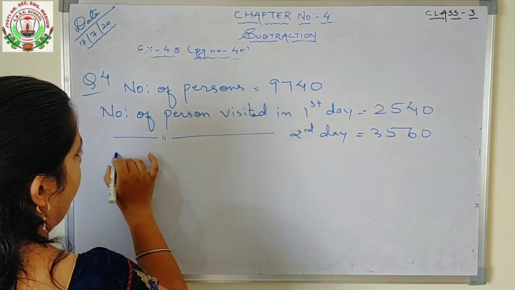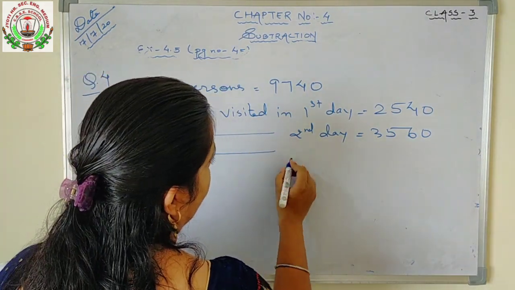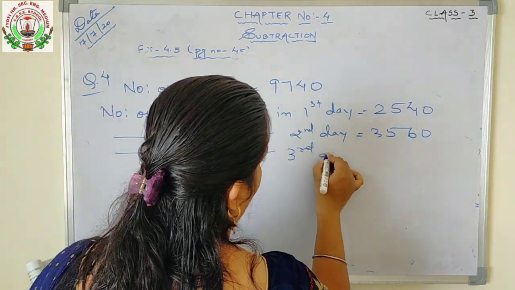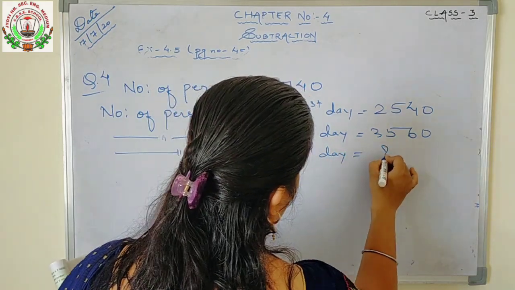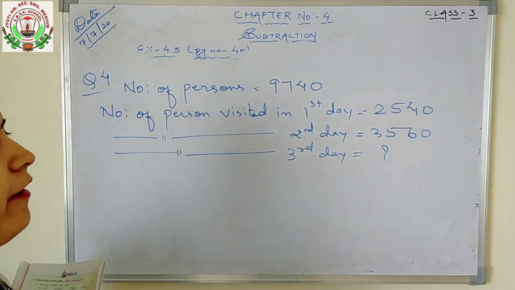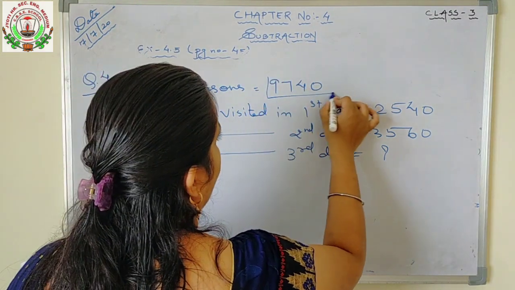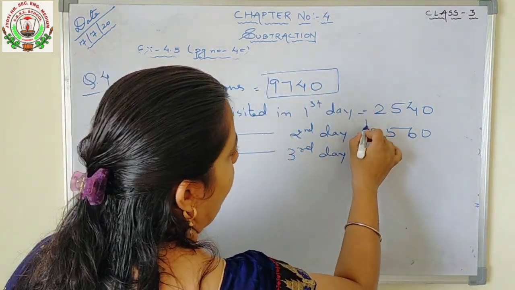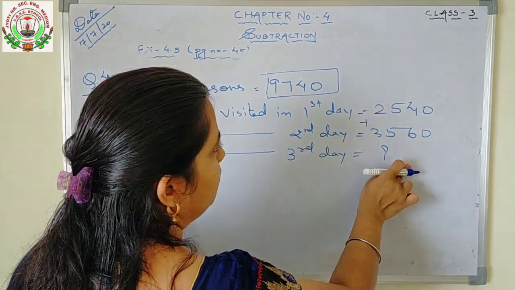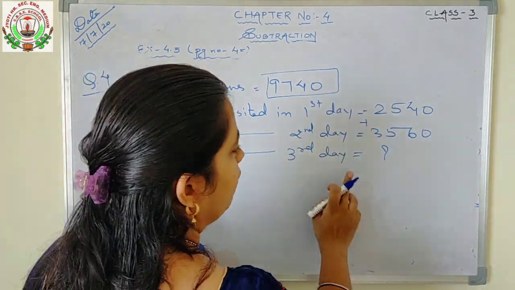So what we have to find out is the number of persons visited on the third day. How many persons visited the fair on the third day? This is what we have to find out. So how will we find it? This is the total number of persons. If we add these two numbers and subtract from this number, we get our answer.